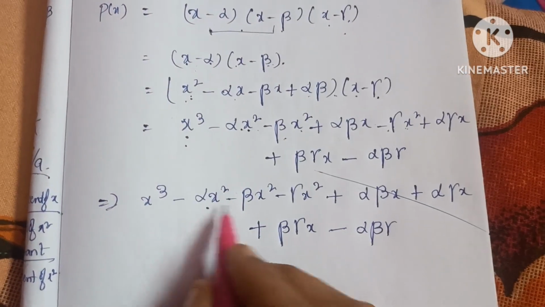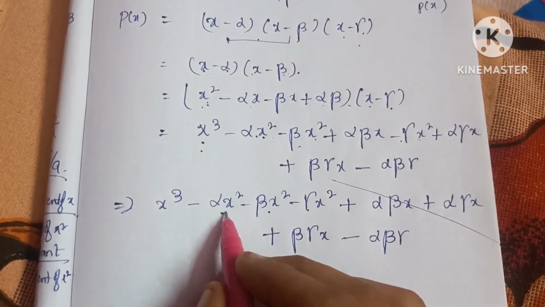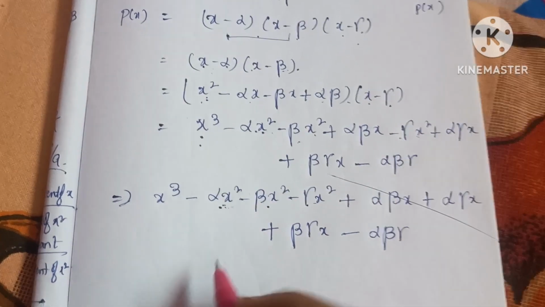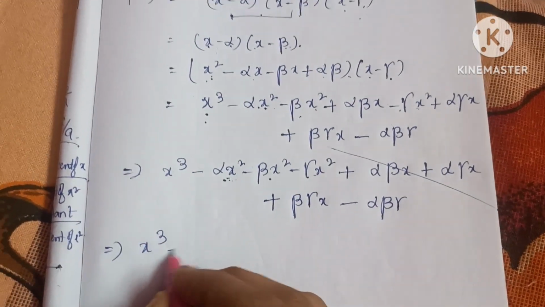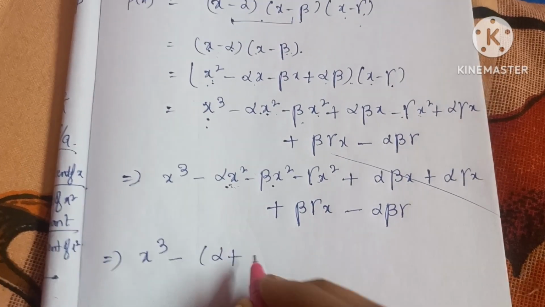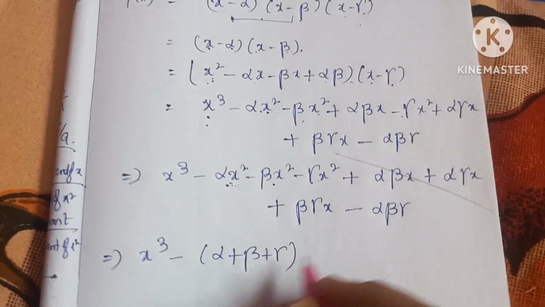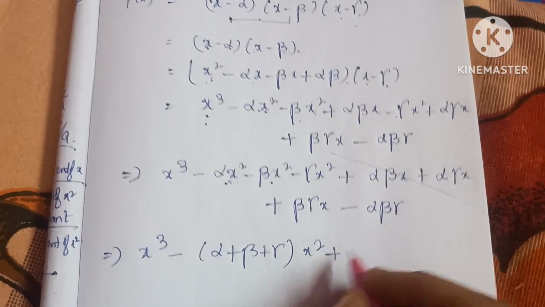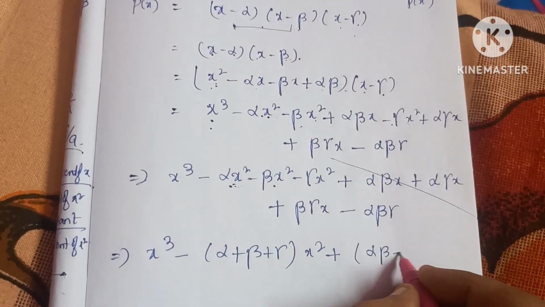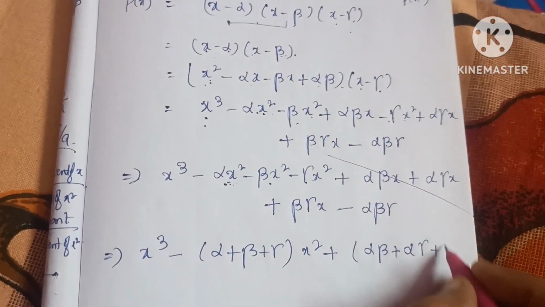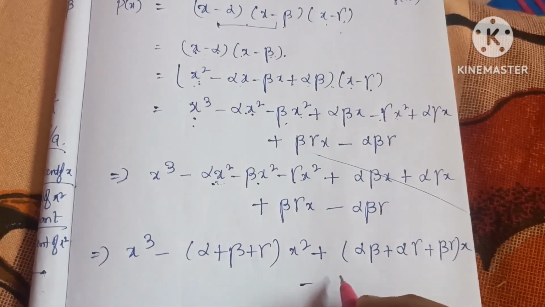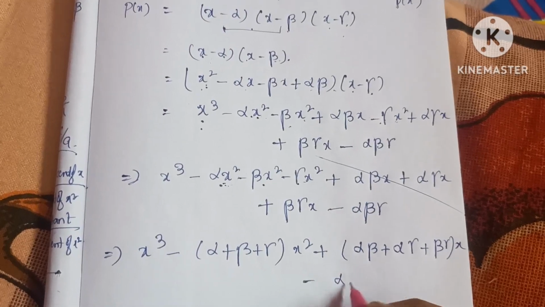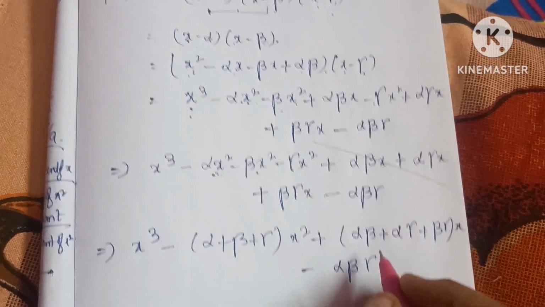Here all terms with x square, x square is the common. So take x square as common: x cube minus alpha plus beta plus gamma into x square plus alpha beta plus alpha gamma plus beta gamma into x minus alpha beta gamma.